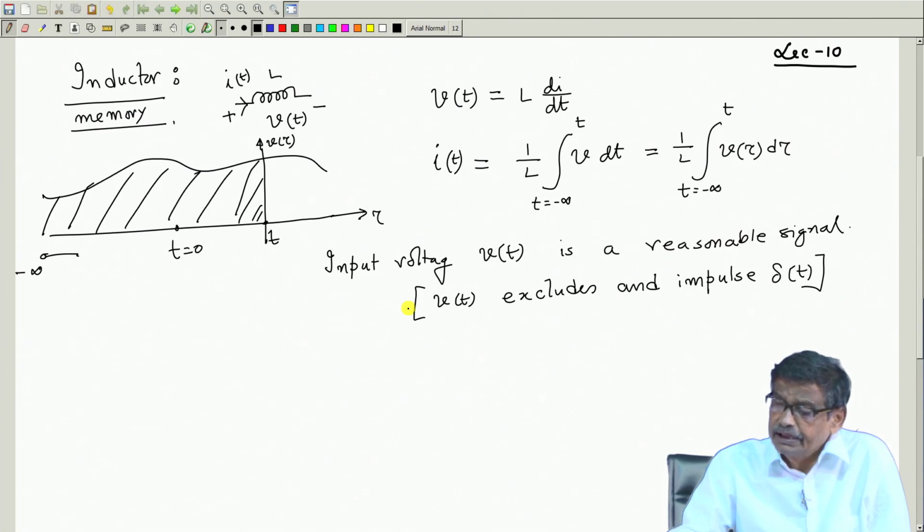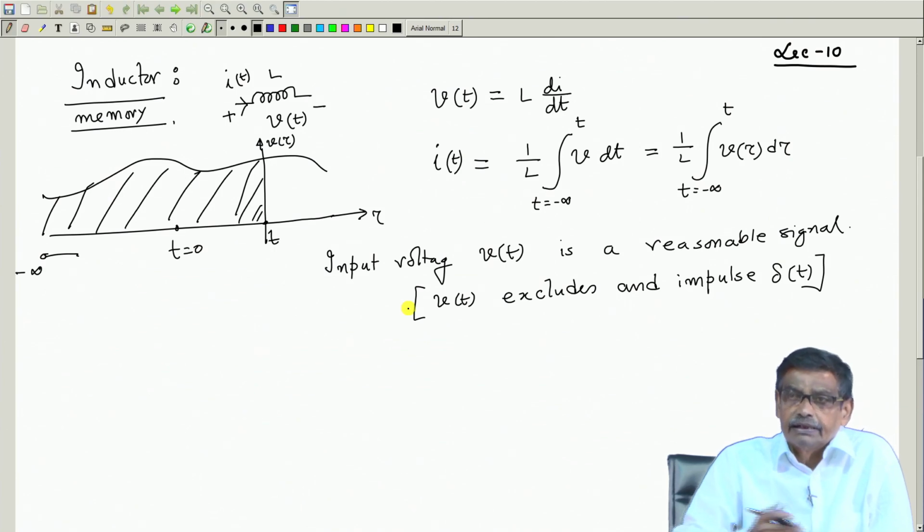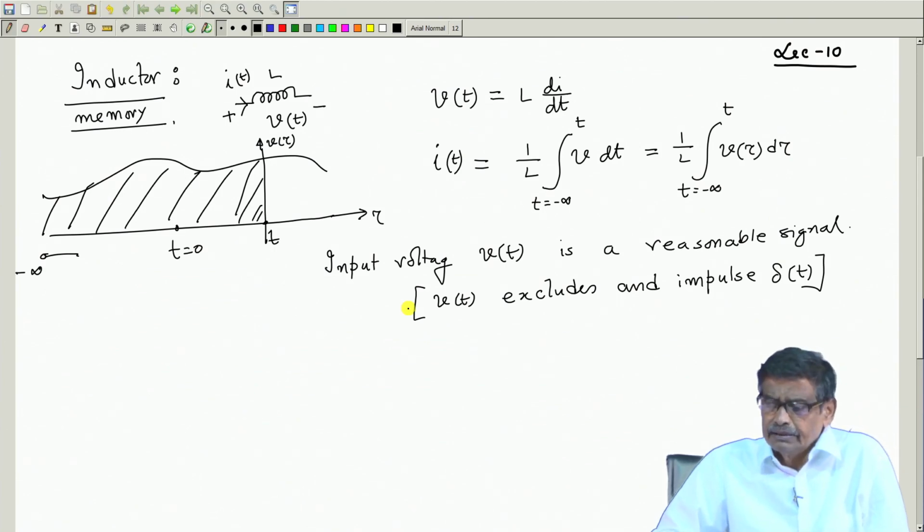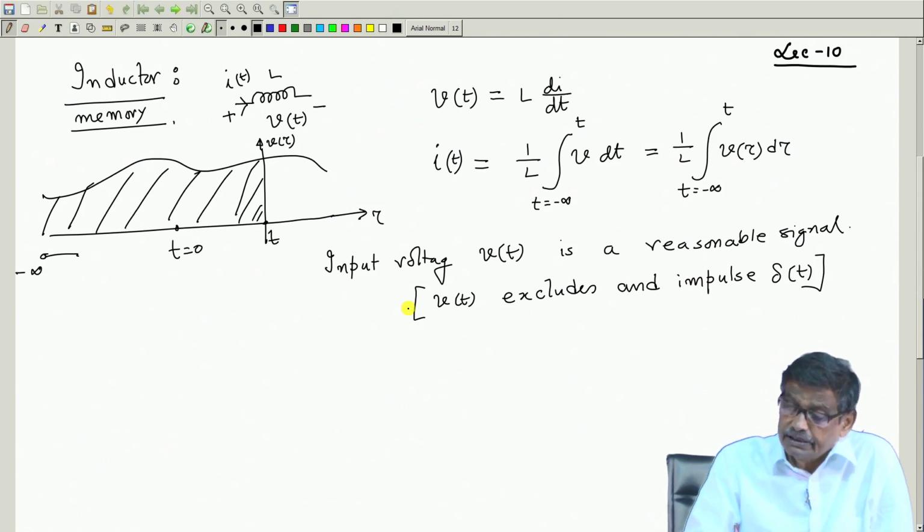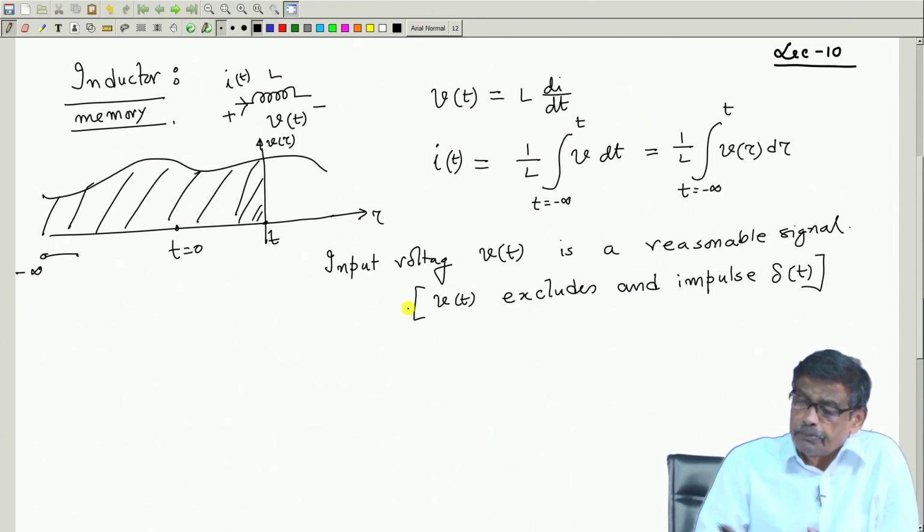We will see the implication of this impulse excitation of a circuit later in great detail. But for the time being, we will assume V t is not an impulse, it excludes impulse. Now, if that be the case, then your I t is like this.